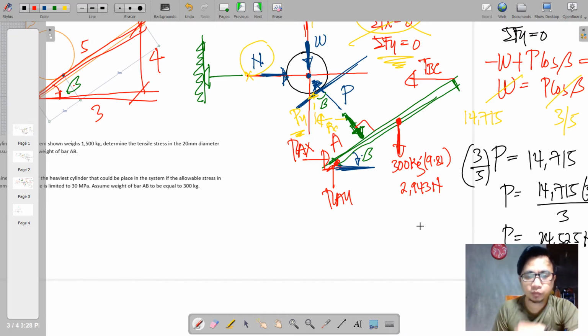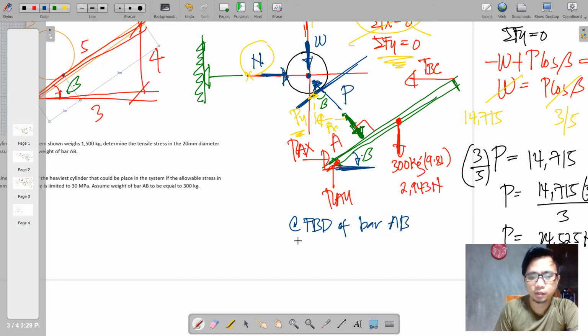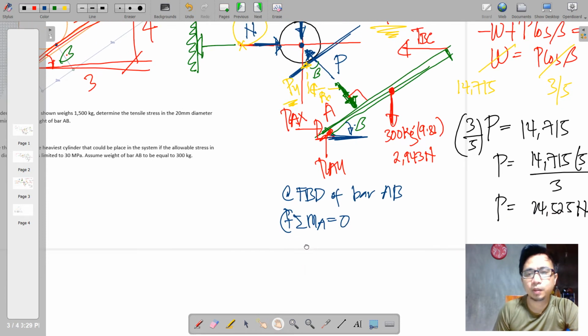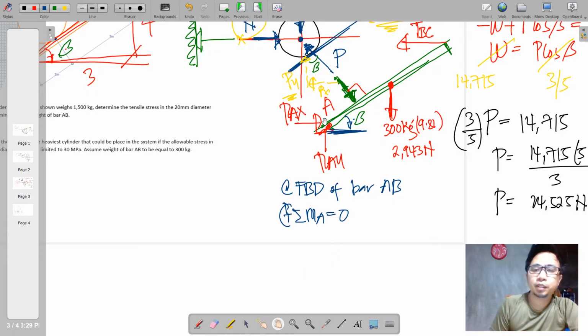And then if you observe again your FBD of AB, it is simply to take moments at A. Summation of moments at A is equal to 0.